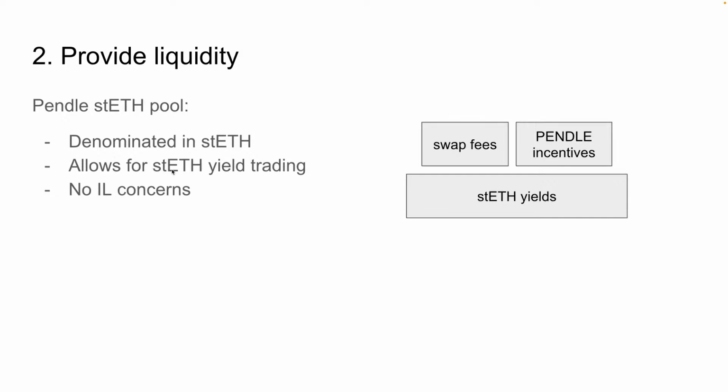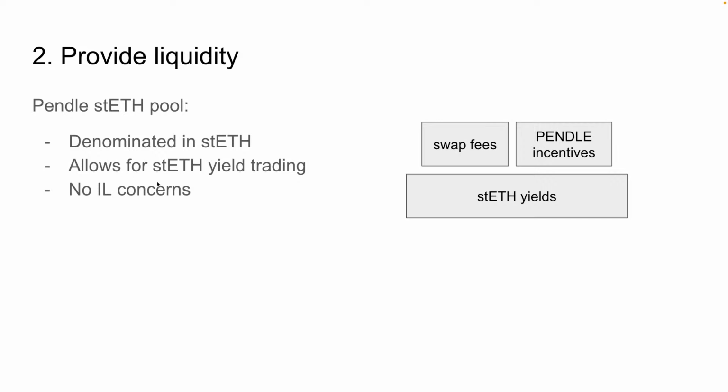And because it's denominated in sDE, you are mostly just exposed to sDE price, and so there's almost no IL concerns. There can be a lot of details about why there's no IL concern and how a pool works, but I won't cover it in this sharing. I will link some materials in the description of this eventual YouTube video.